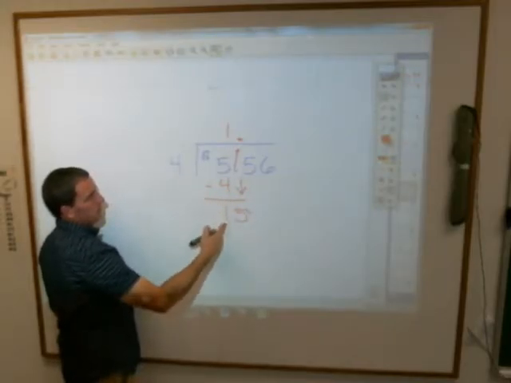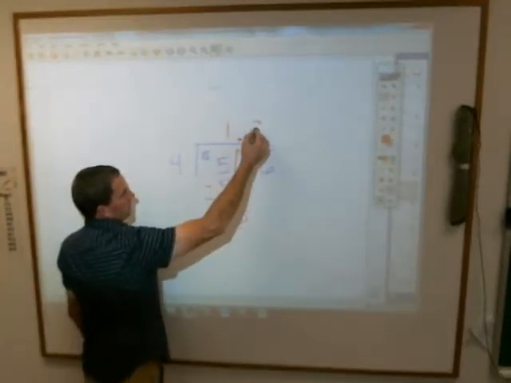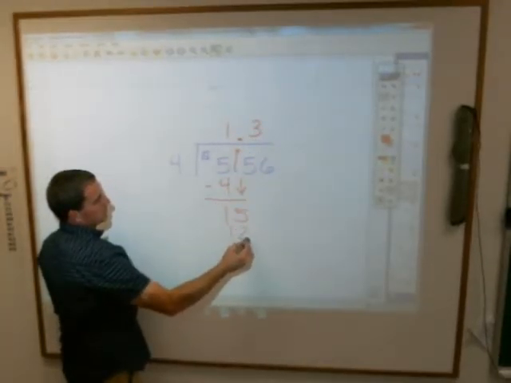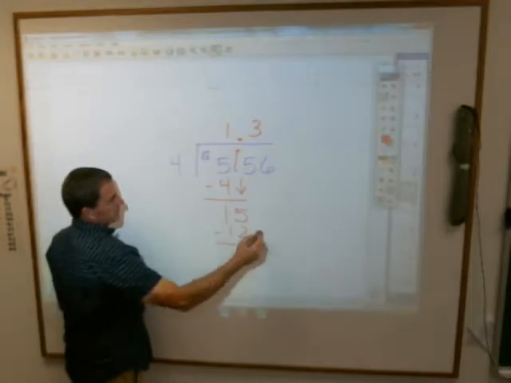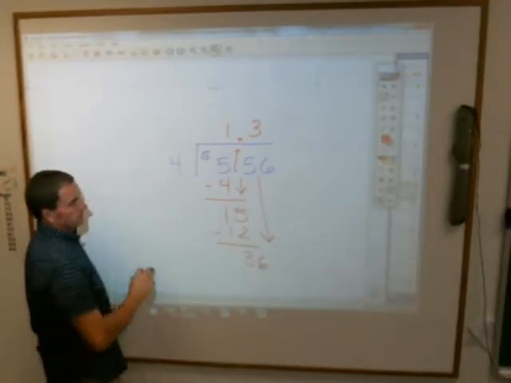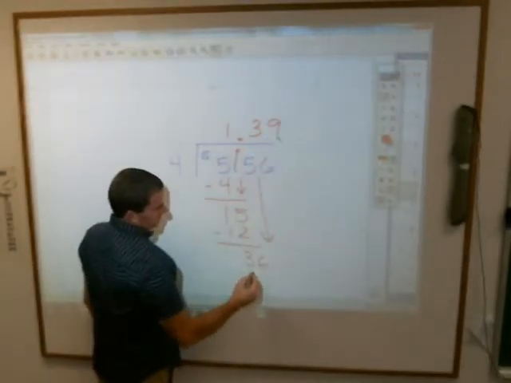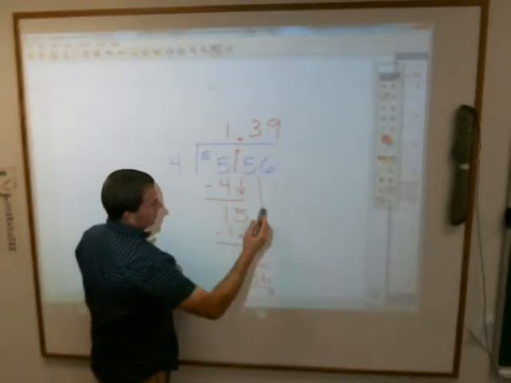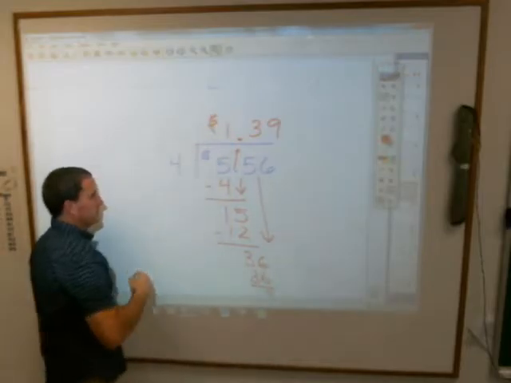How many times will 4 go into 15? 3 times, which is 12. I subtract. I bring down. 4 goes into 36 nine times. And then that's all the numbers you have left to bring down. Make sure you write that in dollars and cents.